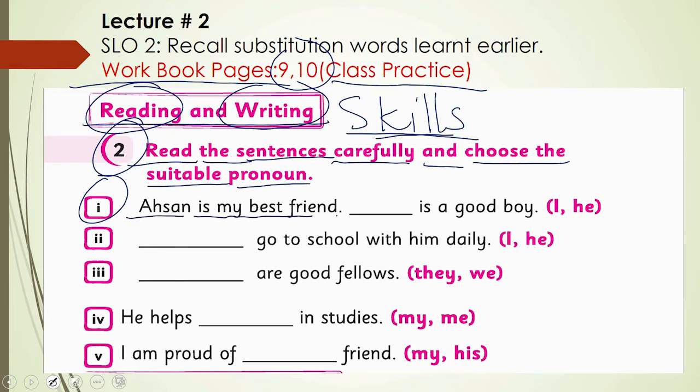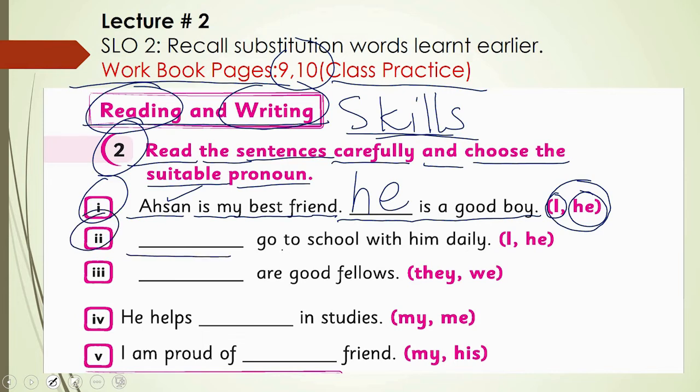Essen is my best friend. Dash is a good boy. Which option are we going to select from these pink ones? I or he? We are talking about Essen, so the word which is going to fit in this blank is the option he. Essen is my best friend. He is a good boy.